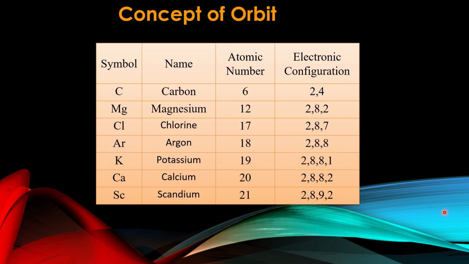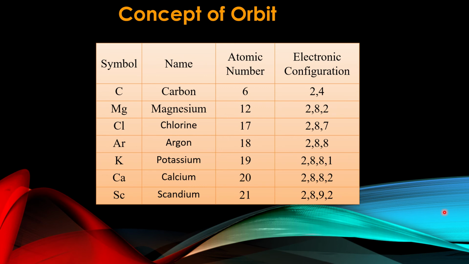Now, from there, we can do the electronic configuration of different atoms in the way that we learned in our junior classes. In the first shell, the maximum electron holding capacity is 2. So when the 6 electrons of carbon are configured in different orbits, its electronic configuration will be 2, 4.